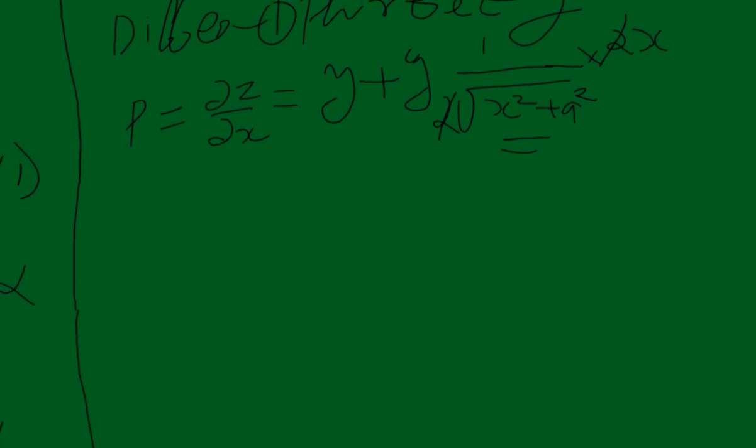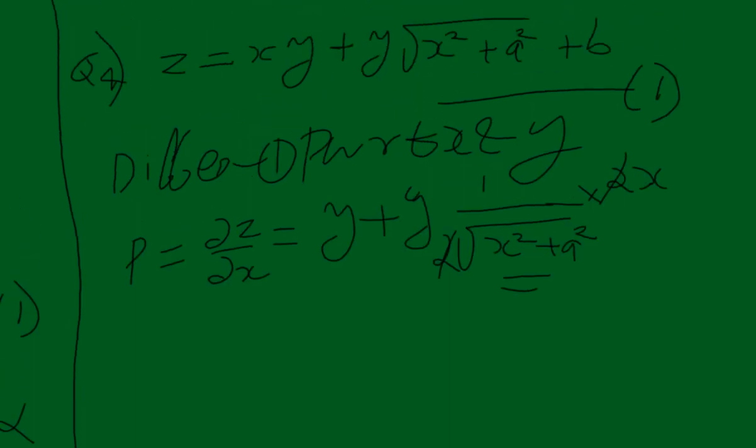So when we differentiate equation number 1 partially with respect to y, we will get q, which is dou z by dou y, is equal to x plus root of x square plus a square. Okay, so this is how we get p and q.